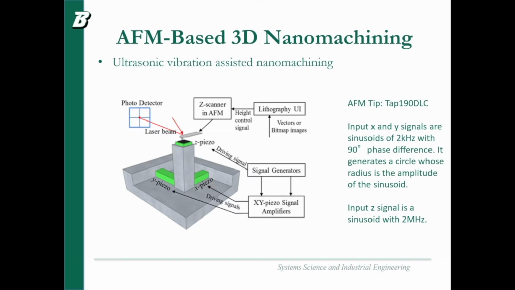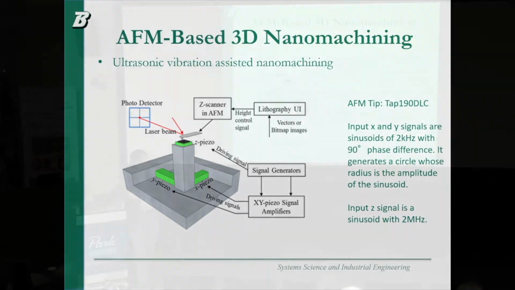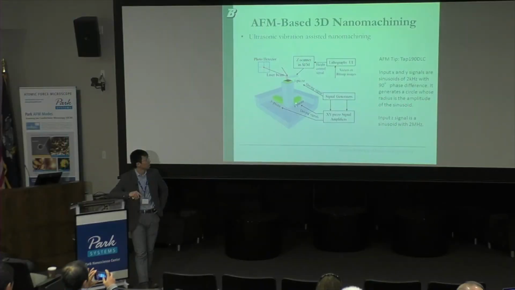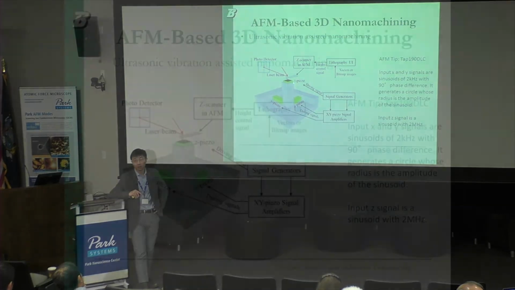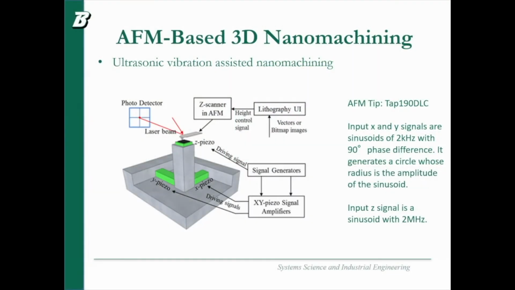So we have an X piezo, a Y piezo, and a pillow. Because of the X and Y piezos, when we send sinusoidal signals with a 90 degree phase difference, the motion is circular when it's vibrating. And then there's a Z piezo. We place it on top of the pillow, and on top of the Z piezo, we place a sample.